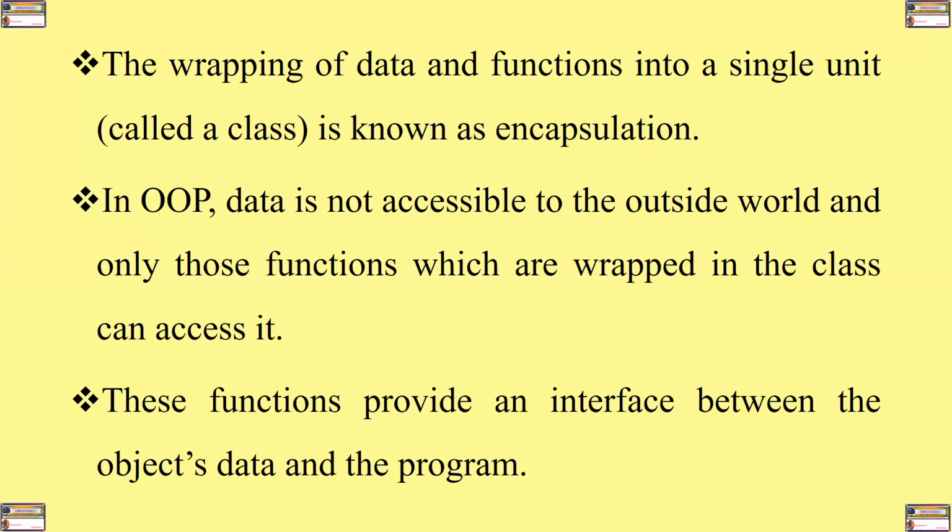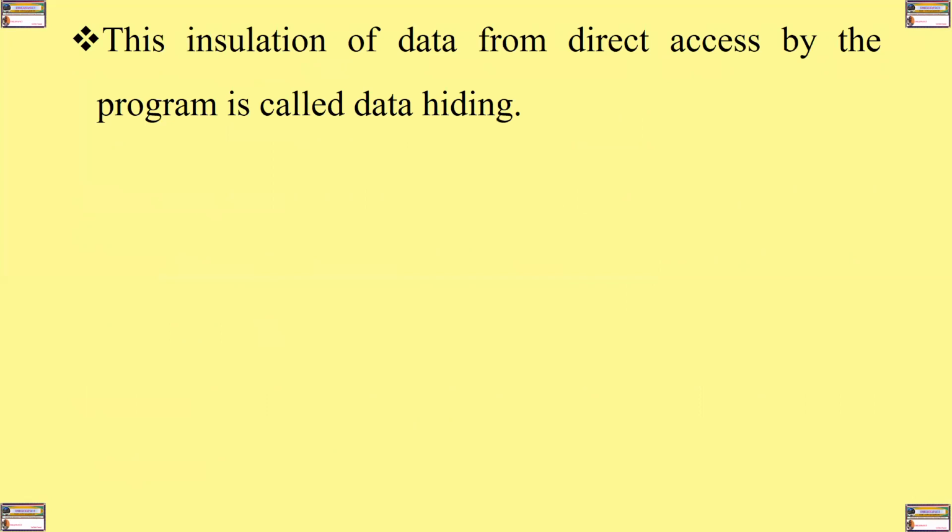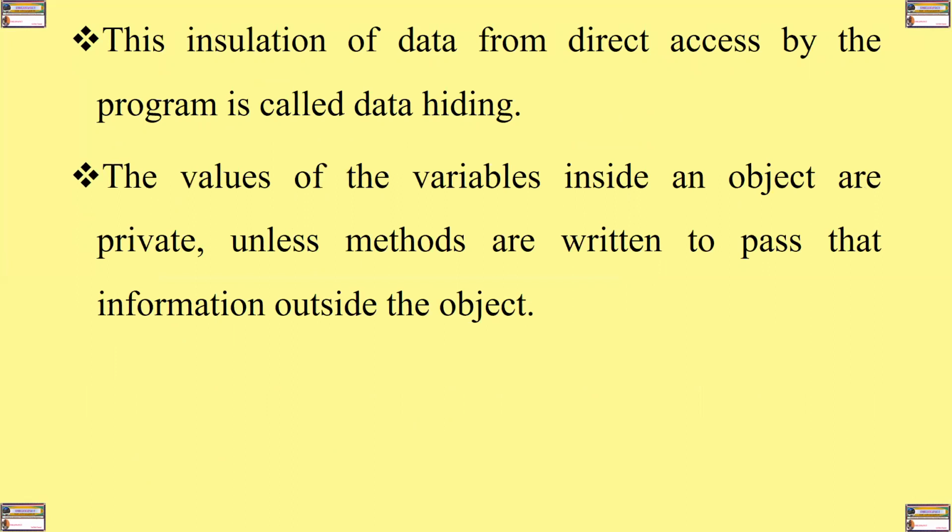These functions provide an interface between the object's data and the program. This insulation of data from direct access by the program is called data hiding. The values of the variables inside an object are private unless methods are written to pass that information outside the object.